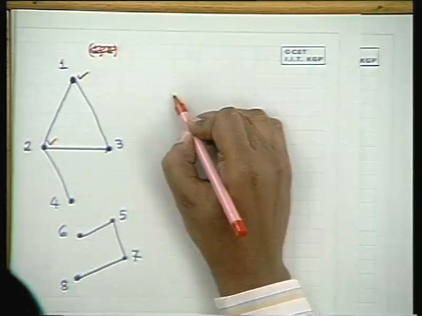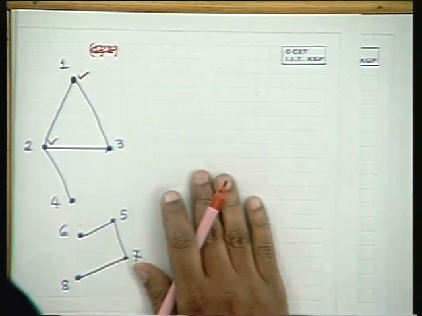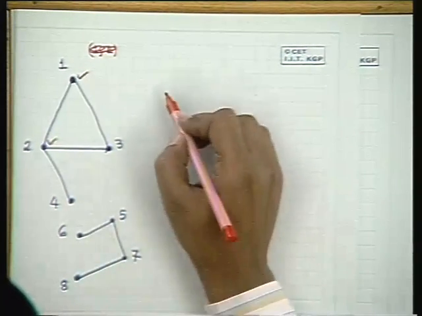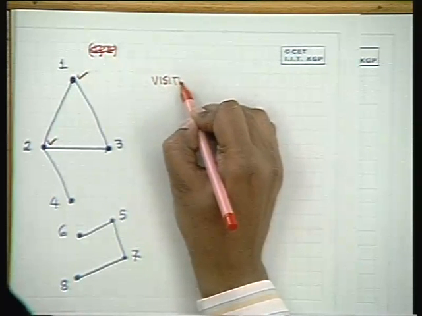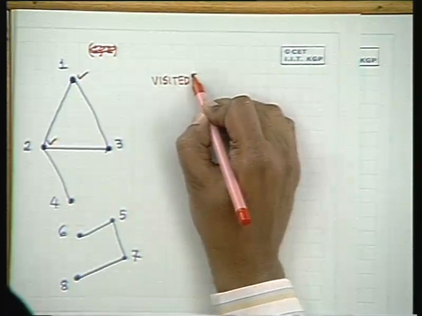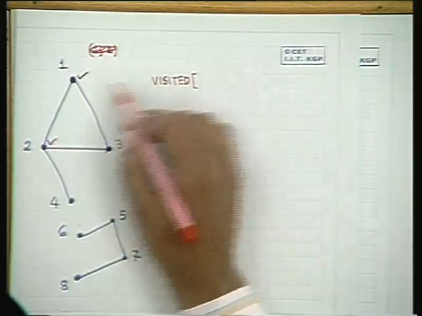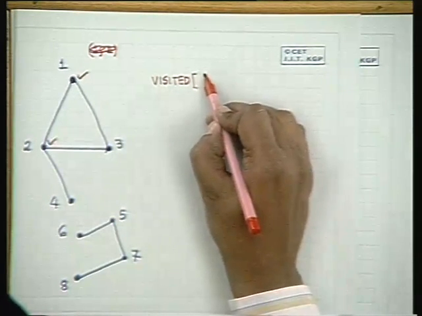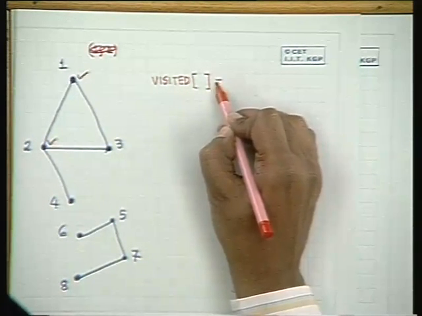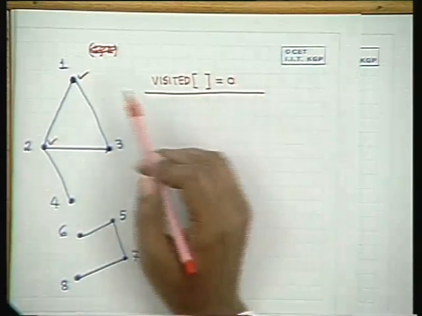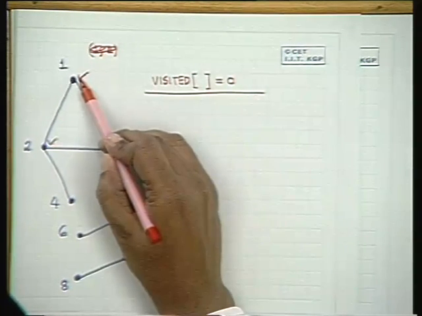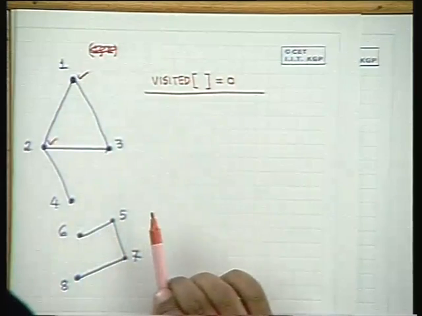So let us see. We will have to remember, as we said before, a done array. We will have to remember that we have done this thing before. So here we will call it a visited array. We will maintain an array visited of vertices. Here this will be an array of vertices. Initialize all of them to 0. Now whenever you come to a node, you say it has been visited.